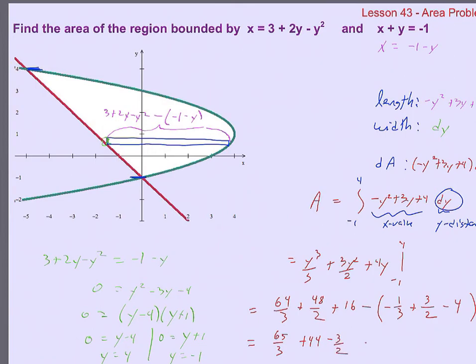You can certainly convert those all into thirds if you want. So that's 65 plus 132. Sorry, converting them into thirds will not be enough.